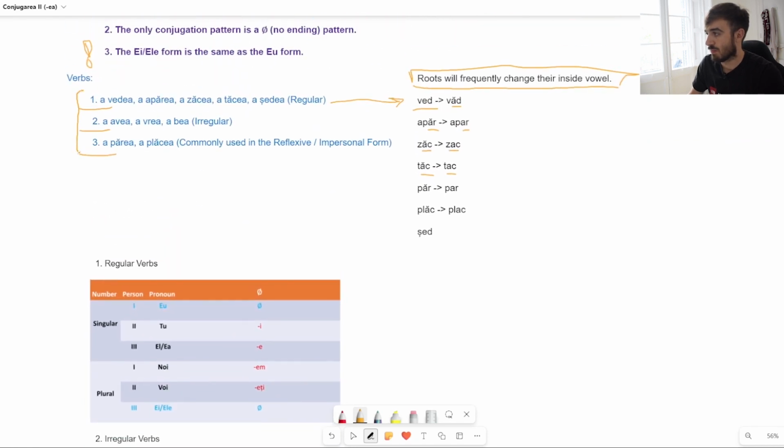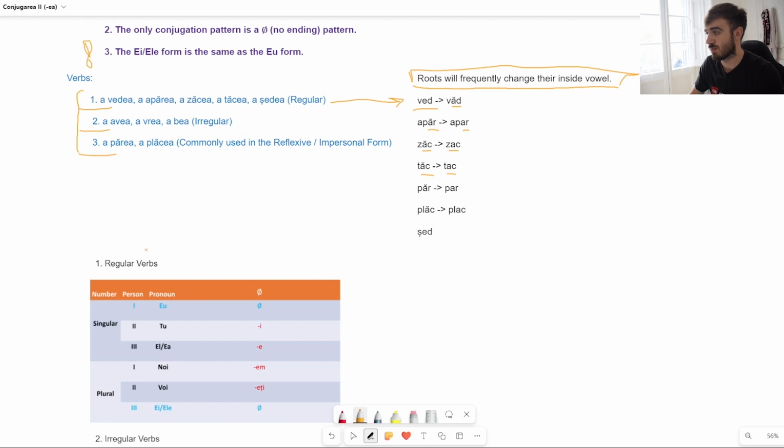Again, to be aware of what I'm going to do in the next minutes. Irregular verbs, such as a vedea, to see, a apărea, to show up, a zăcea, to lie down, a tăcea, to keep quiet or to shut up, a ședea, to sit, another form of saying to sit.